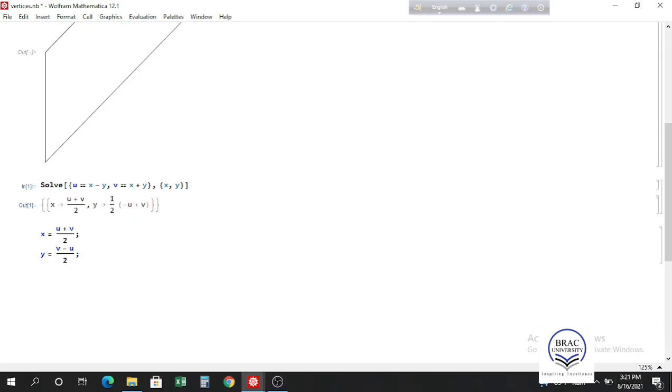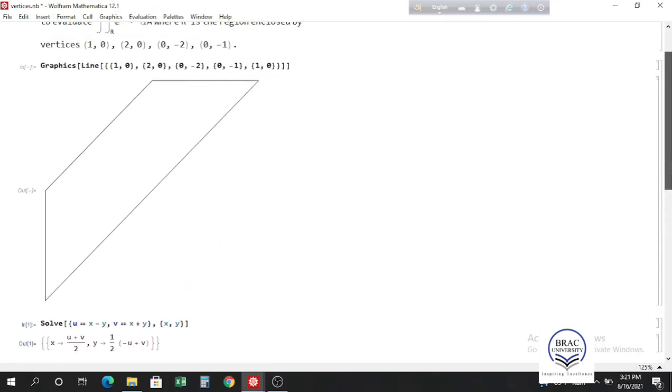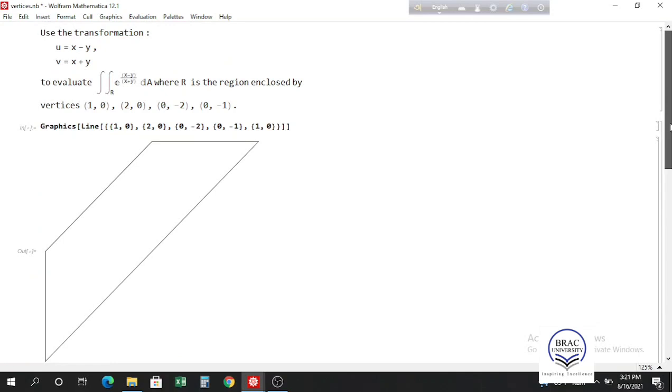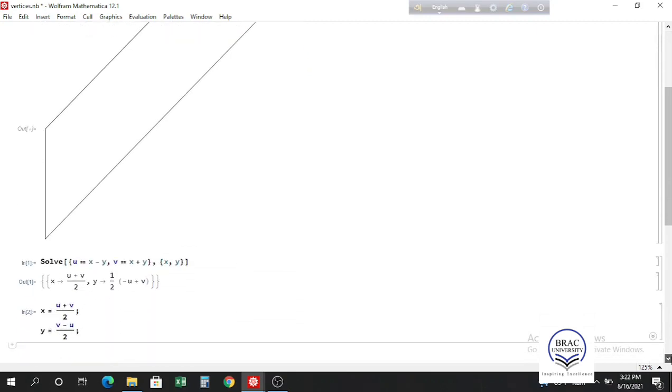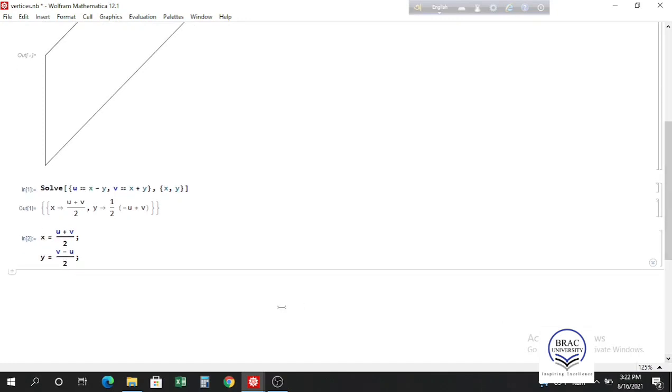Now to plot the regions in the UV plane, we need the equations of lines in the UV plane. So you have to find the equations of these lines in the UV plane. Let's write the formula of the equation of a line from 2 points.